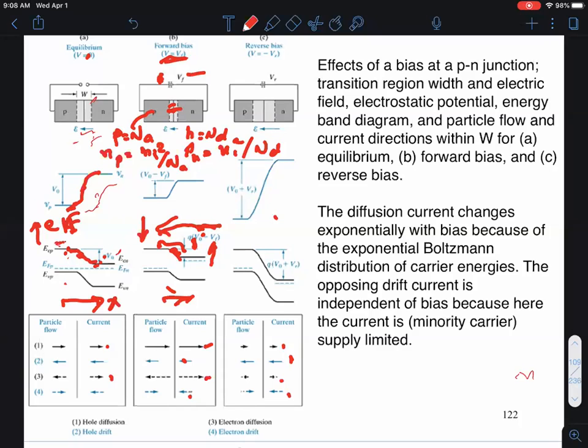These don't see an electric field over here, but they do execute random Brownian motion. But once in a while, they'll accidentally appear at the edge of the depletion region, where they do see electric field and they get swept right across. Now, that current is opposed by the diffusion of electrons from the N side. Remember, that's the majority carrier this way.